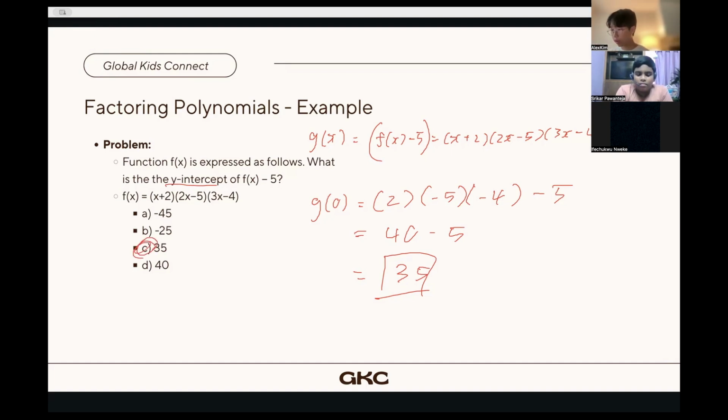And so if we go back and check the y-intercept of just f(x), not g(x), then it is equal to positive 40. And so we can see that by adding a negative 5 to the end of our f(x) polynomial, we shifted down the y-intercept by a magnitude of 5, from positive 40 to positive 35. And so, like I explained in the beginning, for our case, our original y-intercept was positive 40.